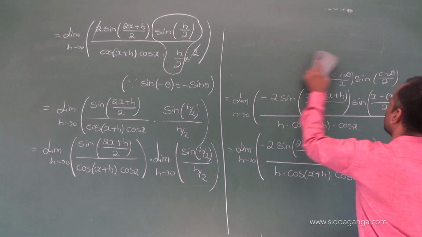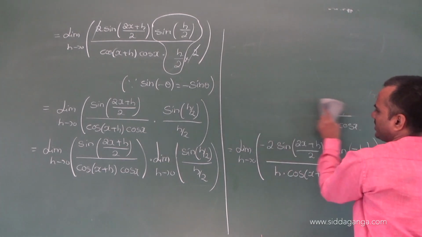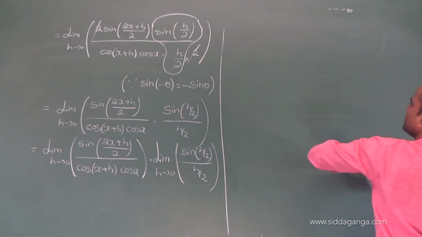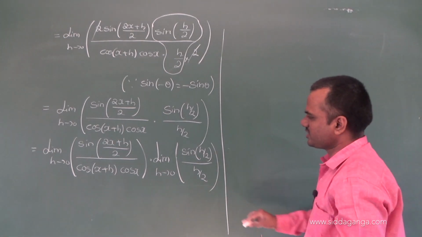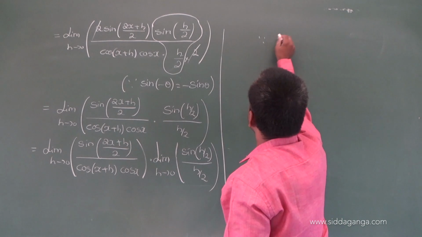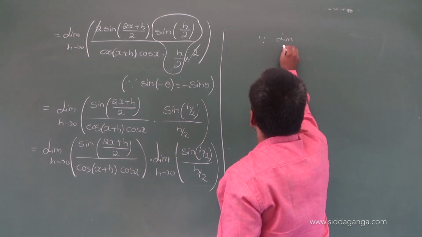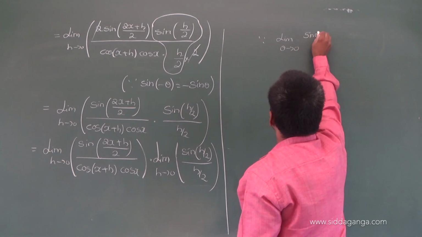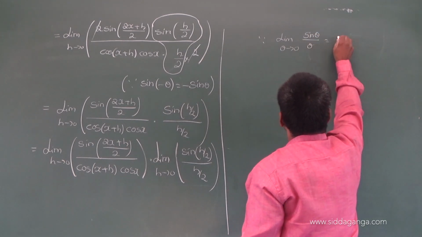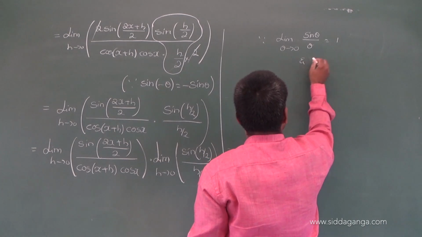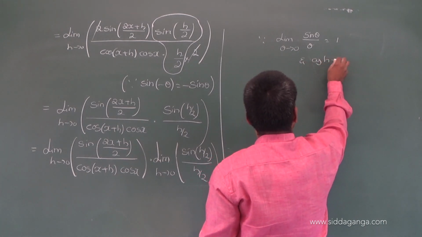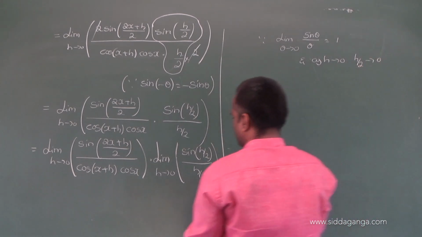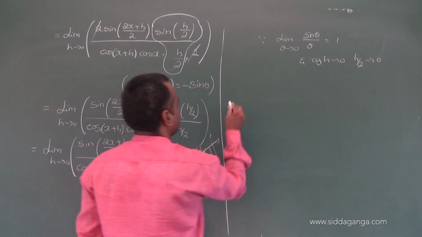This result is 1 because the limit as theta tends to 0 of sine theta by theta is equal to 1. And as h tends to 0, h by 2 also tends to 0. This result is 1.